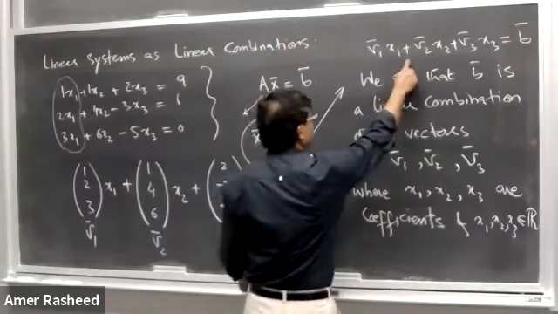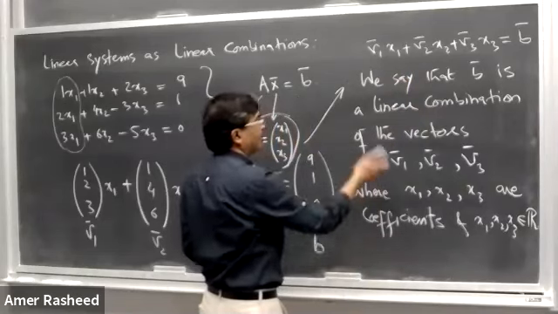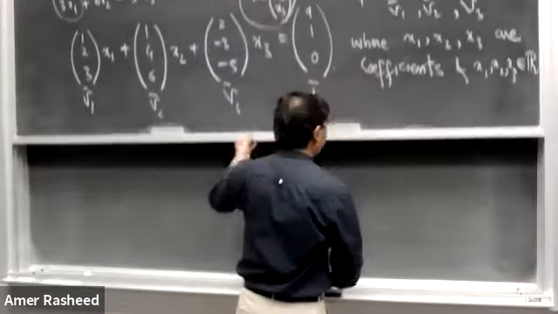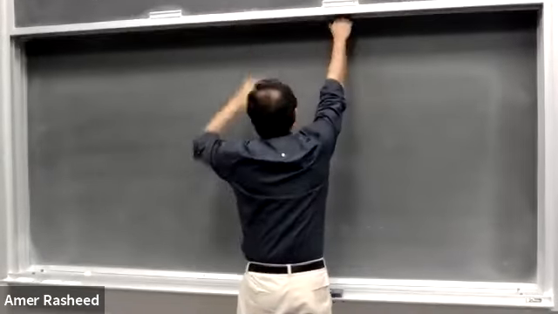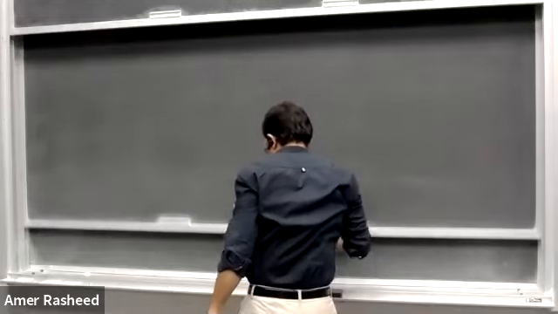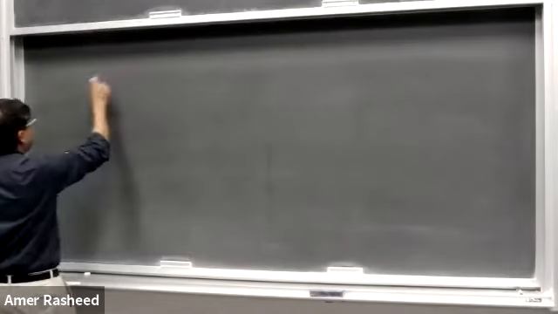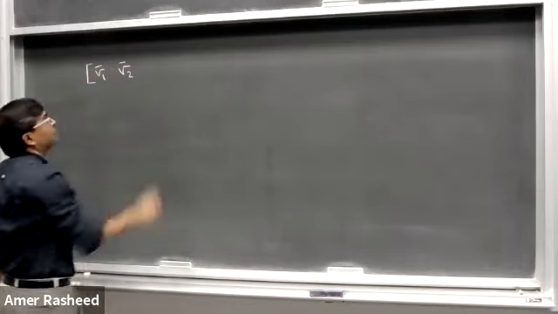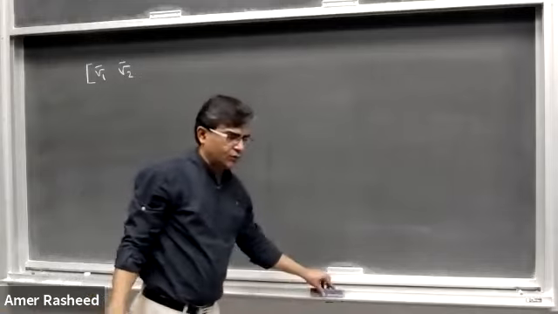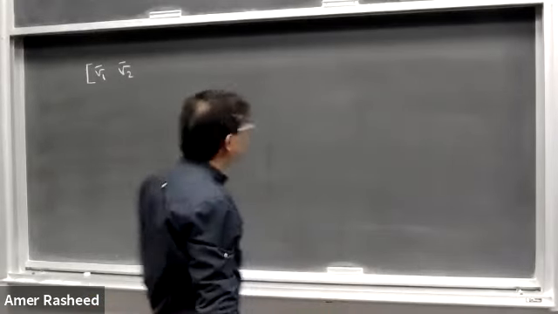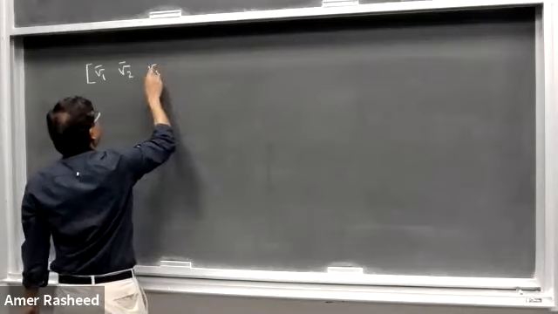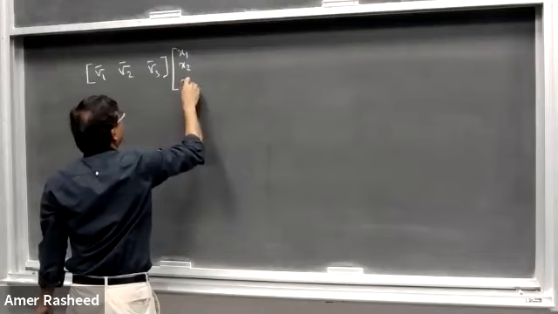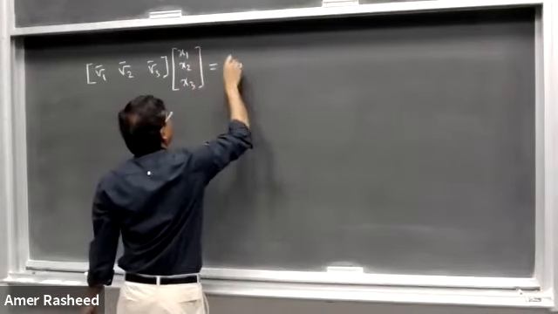Furthermore, this can be written in matrix or vector form in this way: v1 vector, v2 vector, v3 vector times x1, x2, x3 is equal to b vector.